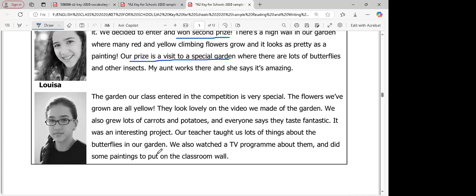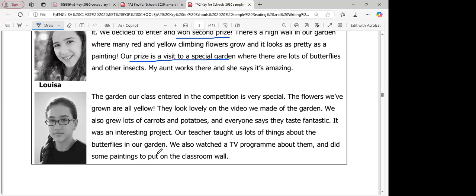Okay, teacher. The garden our class entered in the competition is very special. The flowers we grew are all yellow. They look lovely on the video we made of the garden. We also grew lots of carrots and potatoes, and everyone says they taste fantastic.